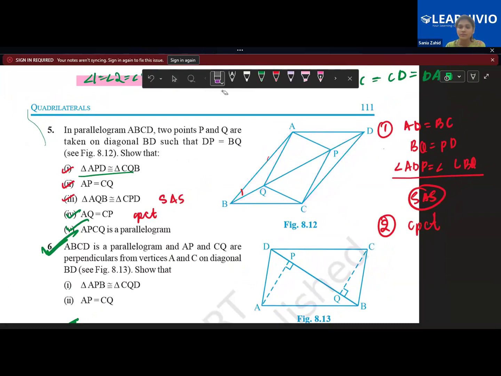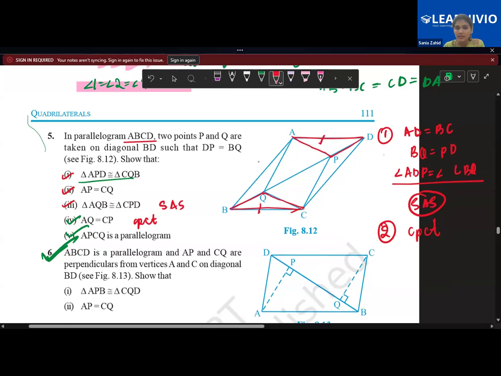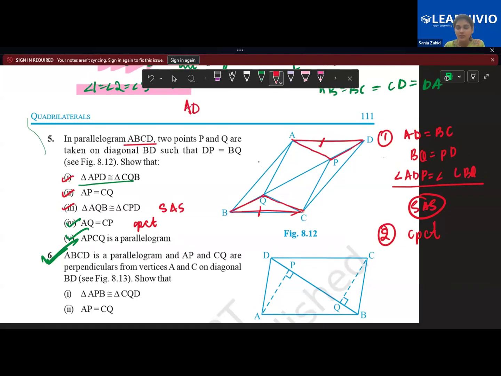You have to prove that these both are congruent. How do you prove it? See, it is given that ABCD is a parallelogram. So that means, Hafsa, look carefully, this side is equal to this side: AD is equal to BC.